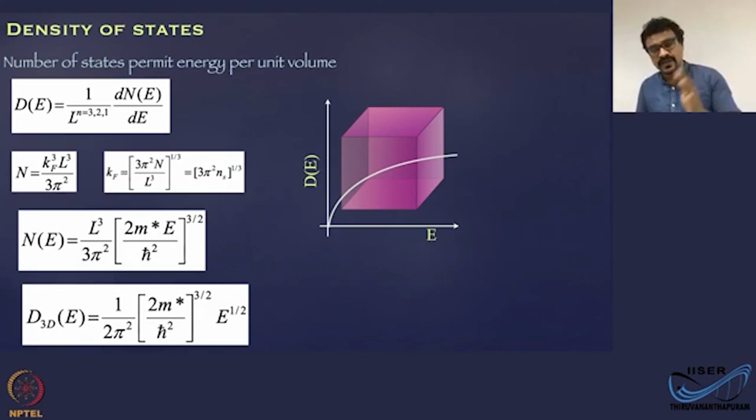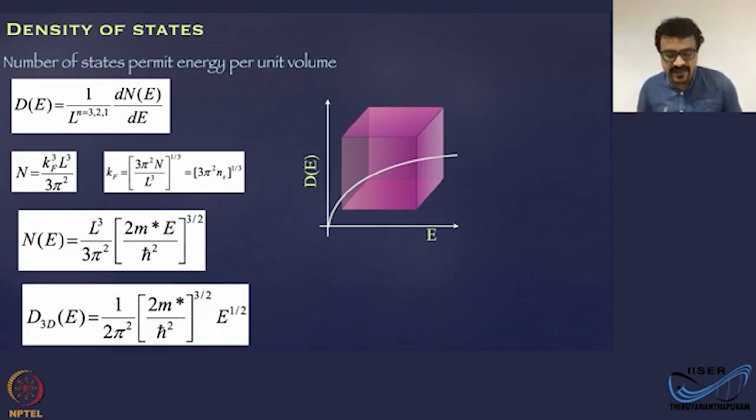Even if you try to inject or transport electrons through the system, you also need to make sure that there are states available at that energy. The action of putting an electron in the system in practice is you apply a voltage between the source and drain. That sets the energy scale. And the question now is, are there states in the material so that electrons can go through those states to the drain side from the source side?